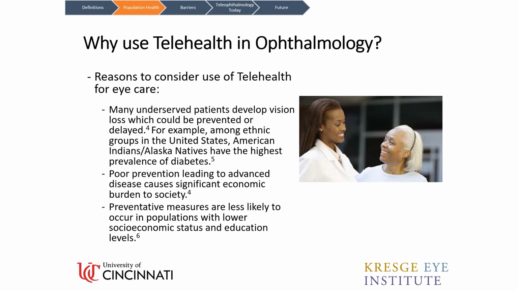For example, American Indians or Alaska Natives have the highest prevalence of diabetes in comparison to other ethnic groups in the United States. Poor prevention can lead to advanced disease, which can cause a significant economic burden to society. We also know that preventative measures are less likely to occur in populations with lower socioeconomic status and education levels.